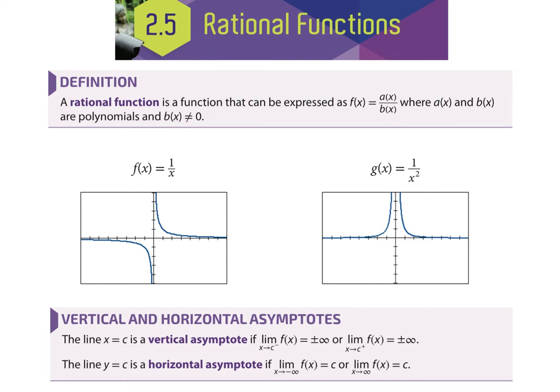A couple things I want to point out. Vertical and horizontal, obviously, what those words mean is exactly what these mean. A vertical asymptote is going to go this direction, right? That is actually going to be a discontinuity. You will never touch it, ever. You will not cross over it. You may jump over it, but you will not touch it, all right? The horizontal is what happens at the end of the graph.